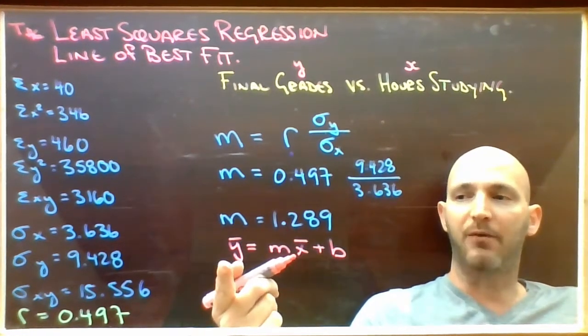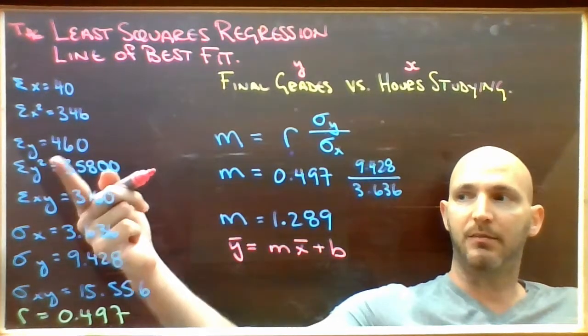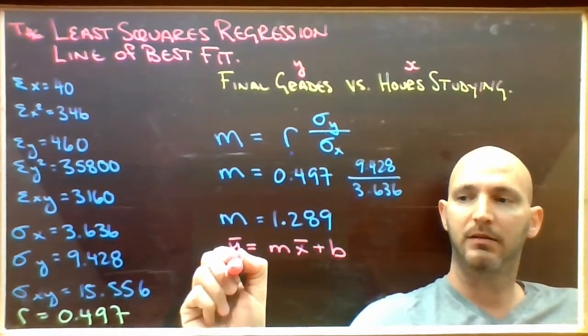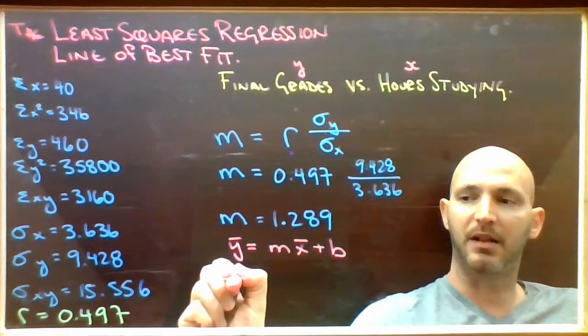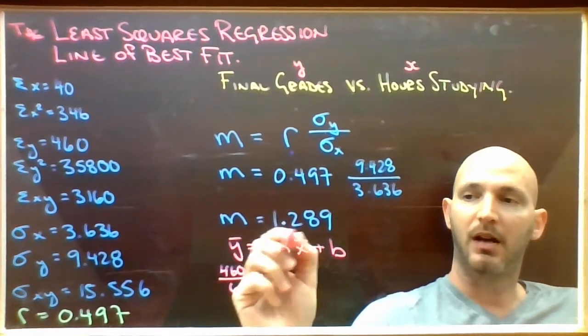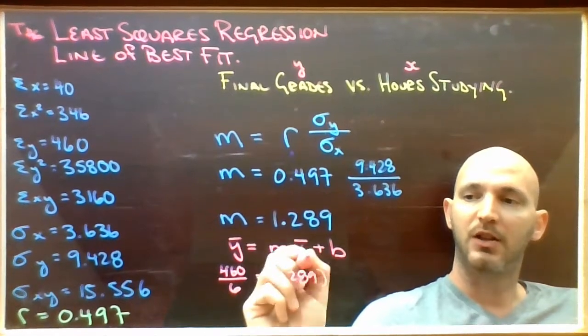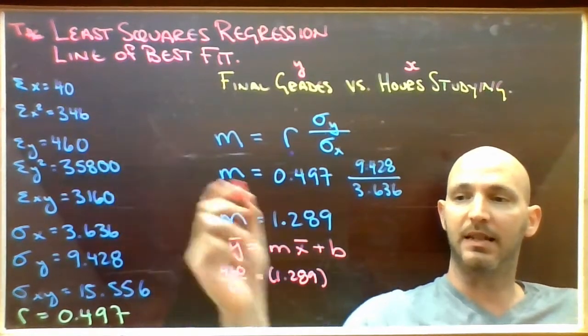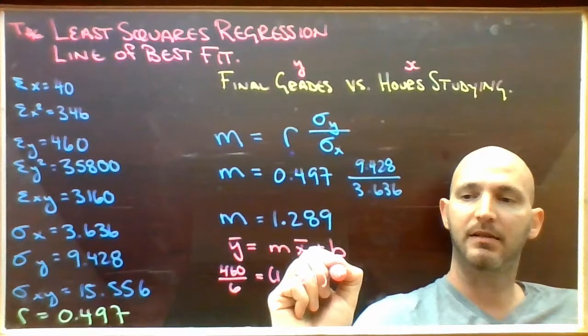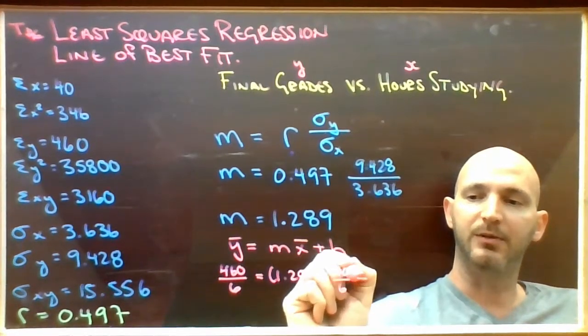So to get my average y, I would take my sum of y and divide it by the number of numbers. I have my slope. To get my average x, I would need the sum of my x's over this value.